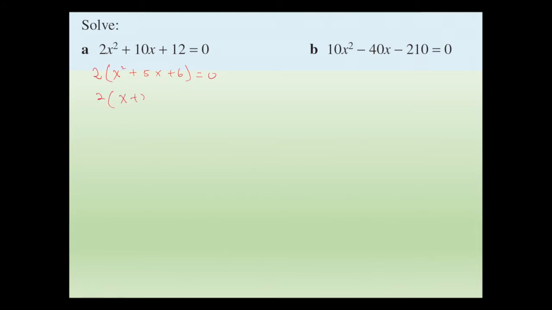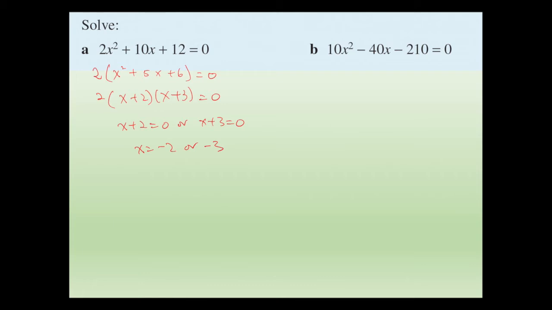So, factorizing the monic, we have x plus 2 and x plus 3 equals 0. Using the null factor law, x plus 2 equals 0 or x plus 3 equals 0, since we know that 2 cannot be equal to 0 anyway. So therefore, x equals minus 2 or minus 3.